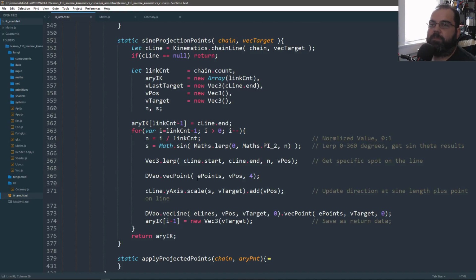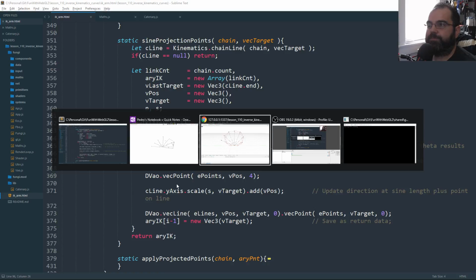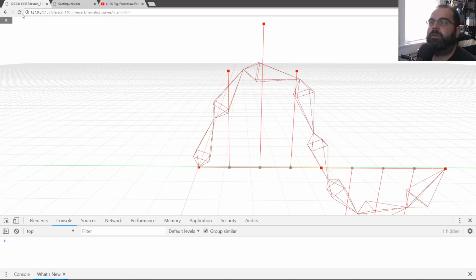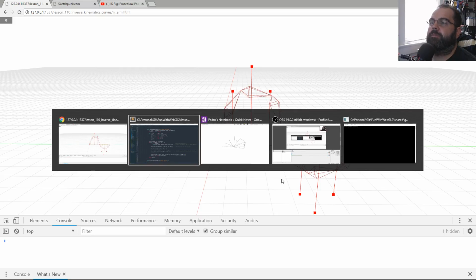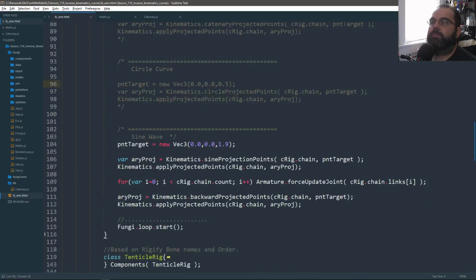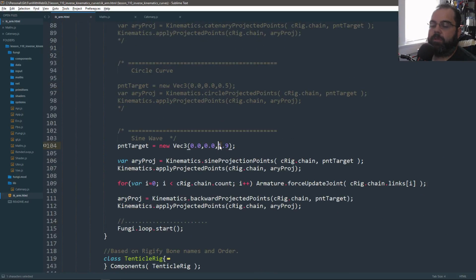I just plot a bunch of points and move things and make those targets on the sine wave. If I show you here, there you go. I just plot those points on the sine wave and then move them. Let's see if I make it a little bit longer.